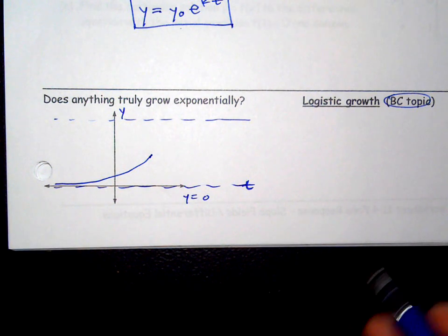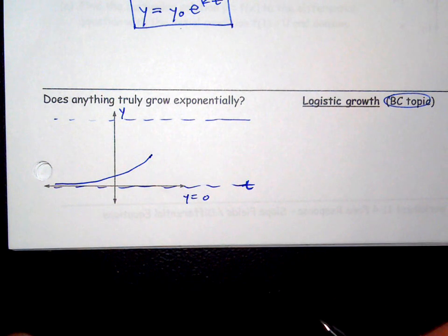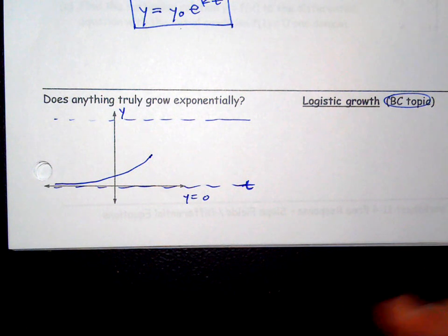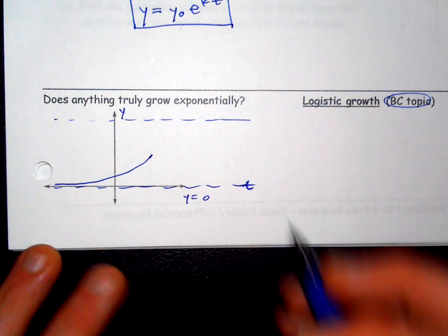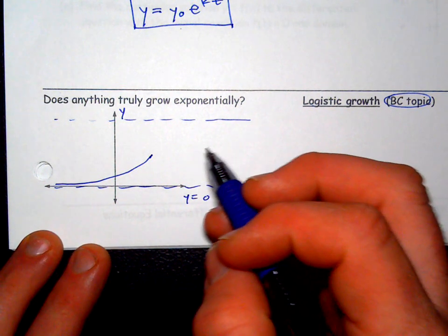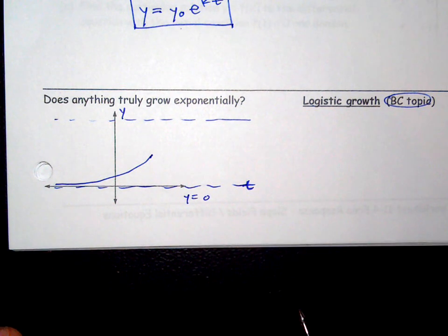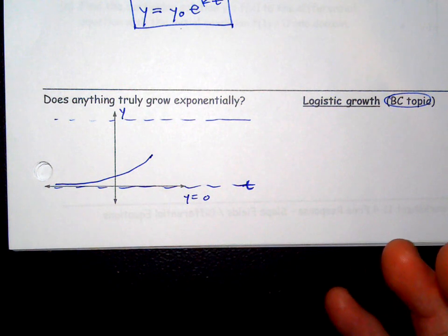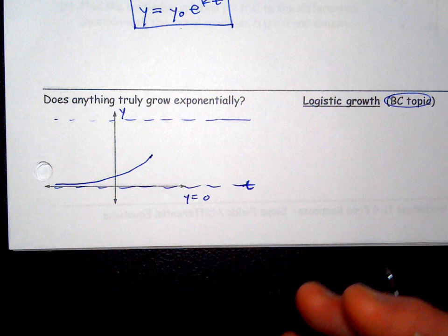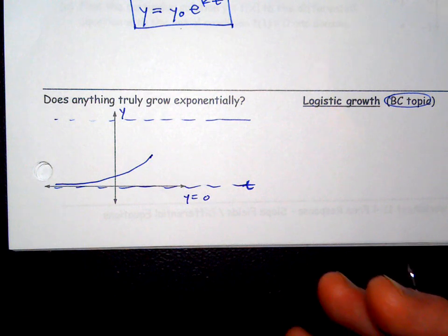When the population's small, it's not going to feel the restrictions of the amount of area, the amount of food, whatever it is that needs to support a growing population. And even in a disease, when there's not a lot of infected people, it spreads more quickly to the uninfected people. But as there's more infected people, there's less people for it to spread to.